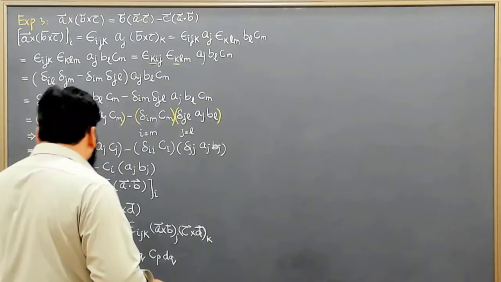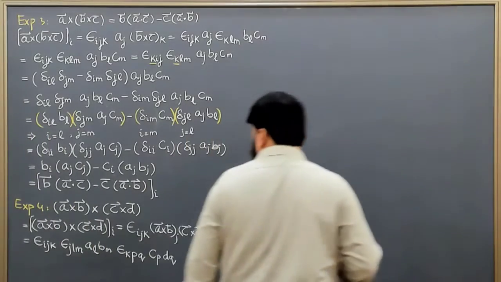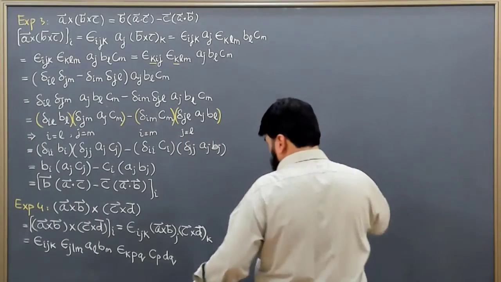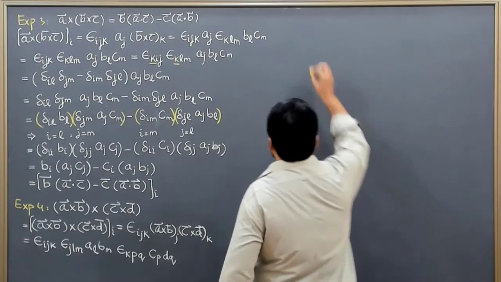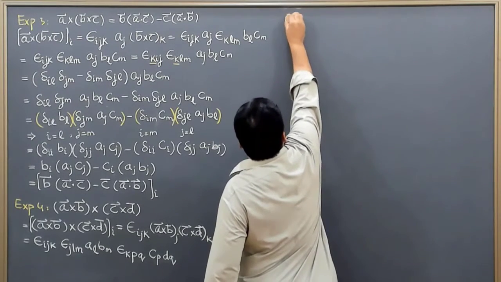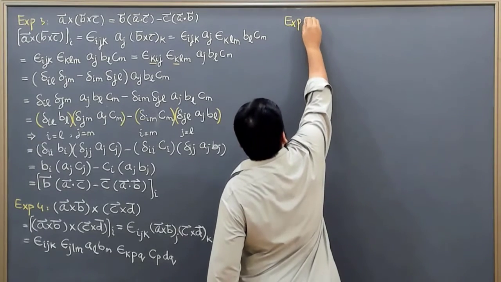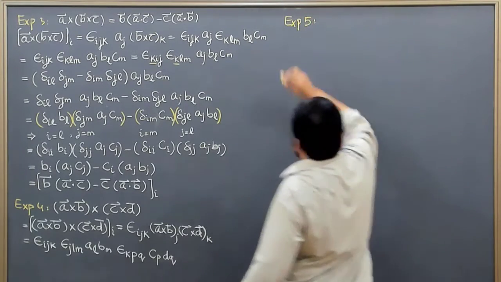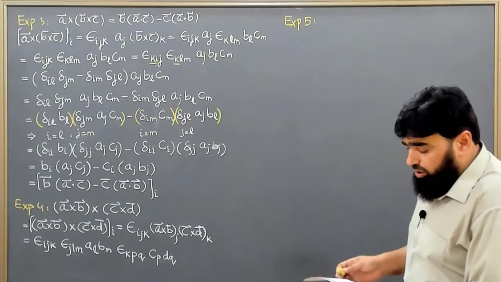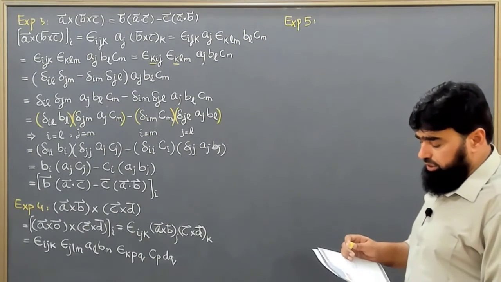Let me solve another example here, and this is example 5. This is one of the identities in the book, and we will solve this very easily with the help of the Levi-Civita tensor.